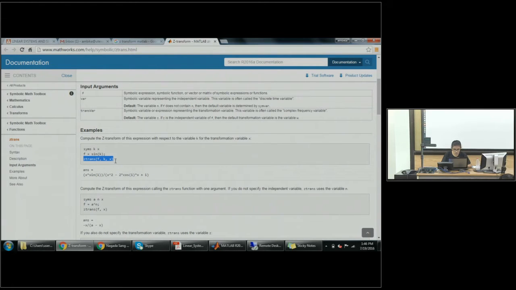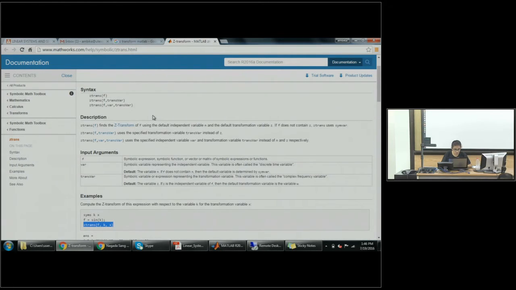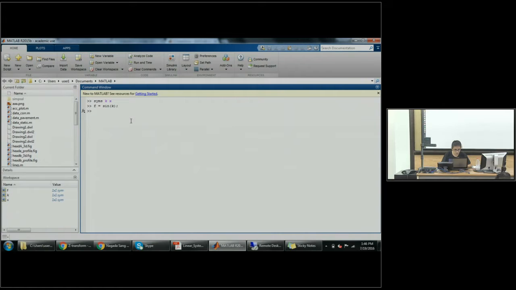And for ztrans, we just have to give F, my Z domain variable, var, my index, which was n in our case, so it's k over here, and x is the transform variable. So instead of z, I'm getting x over here.